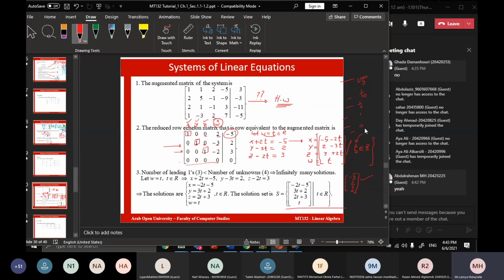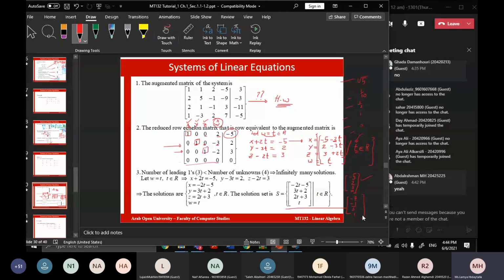And next time, if I take t as 1 or t as minus 1, okay, take t as 1. What is the solution? Another solution. It will be minus 5, minus 2, so it is minus 7, correct? 2 minus 3, so it is minus 1. 3 plus 2 then it is 5, because 2 times t, and t is 1, and w is 1 like that.